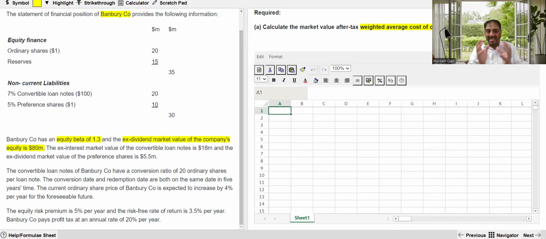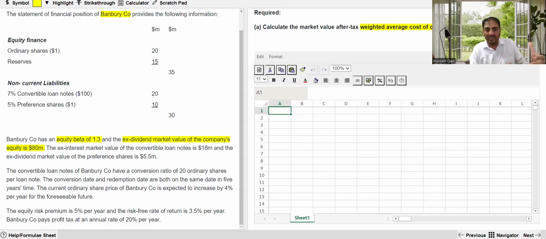Number 2, it's mentioned ex-dividend. If it's not mentioned, by default it's ex-dividend. But if something mentioned cumulative dividend, then we need to adjust the market value with the current dividend.